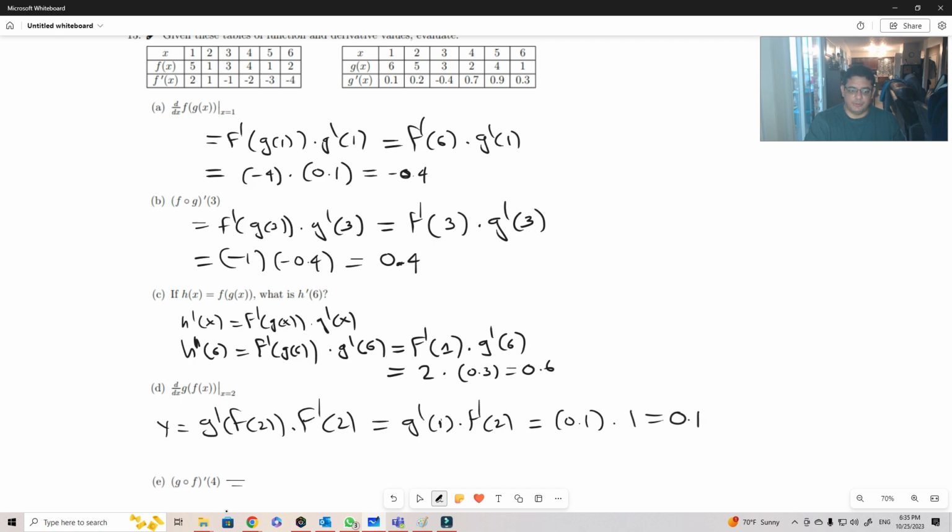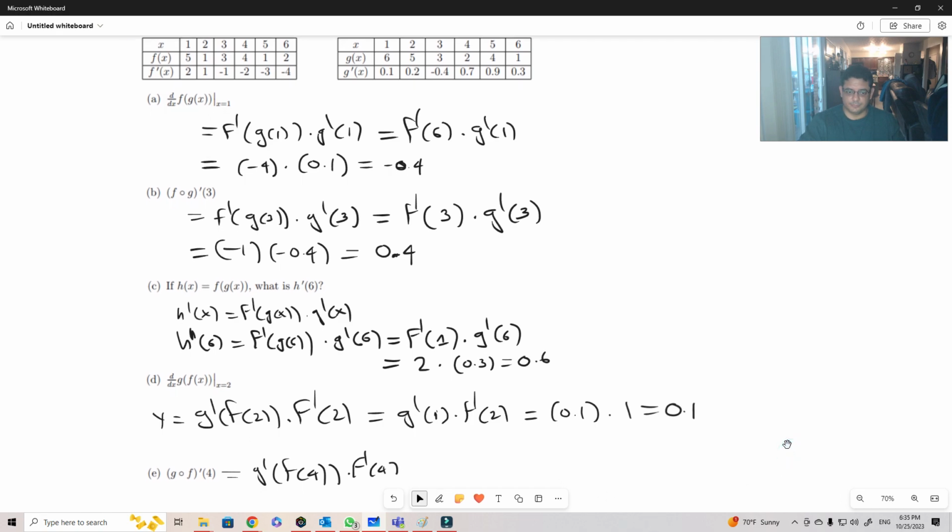And g compose f prime of 4, again, this is g prime of f of 4 times f prime of 4. What is f of 4? F of 4 is going to be 4.